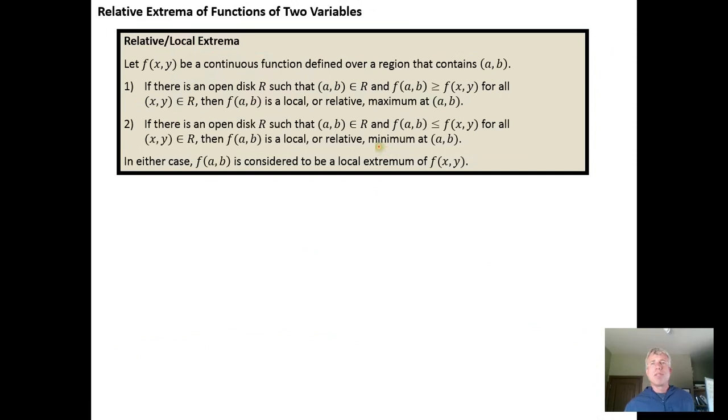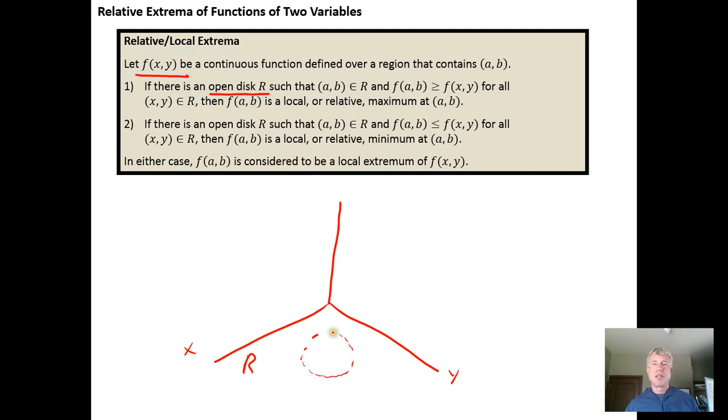The problem is when we extend the idea into functions of two variables, our functions are now graphed in three-dimensional space. So our domain is actually a region R in the xy plane. So now instead of an open interval, we're going to define relative minima and maxima in terms of an open disk R in the xy plane.